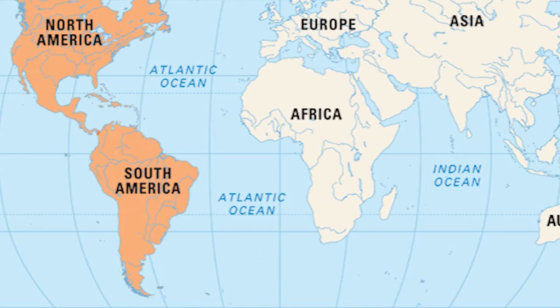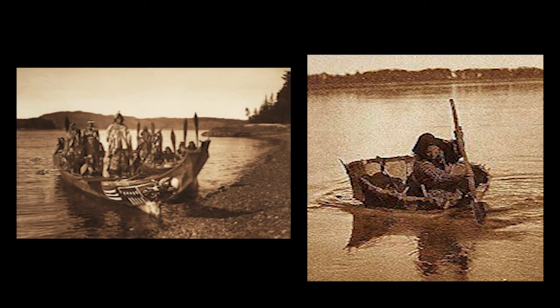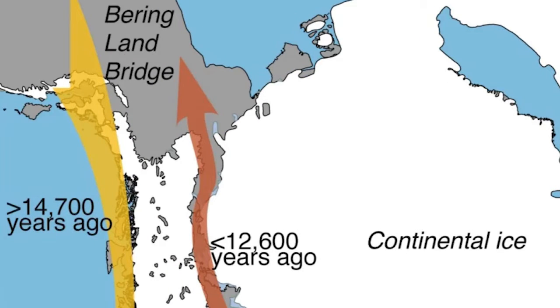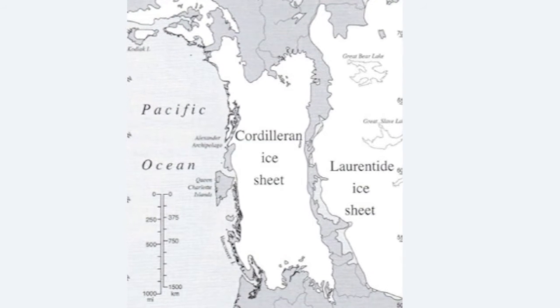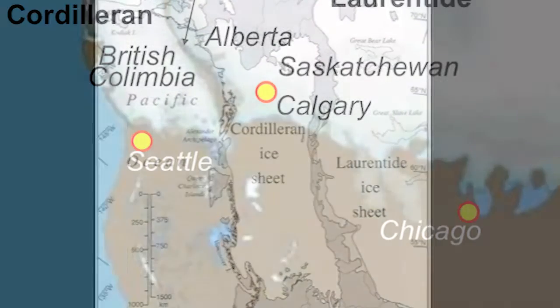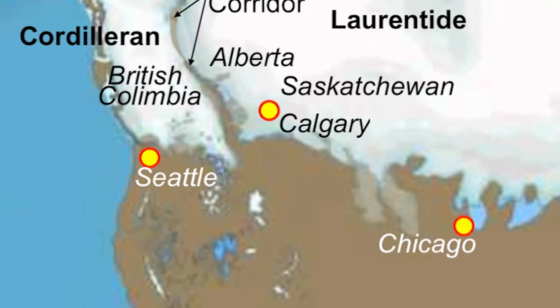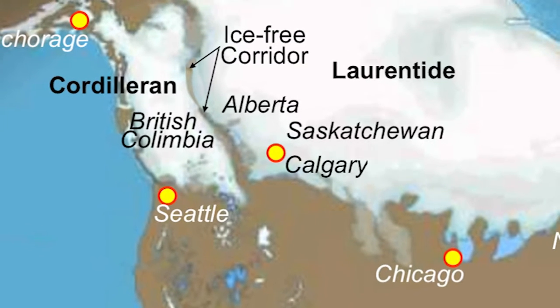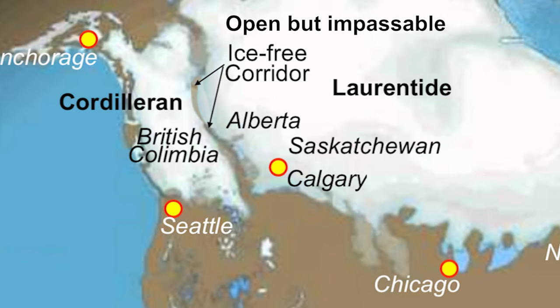Researchers believe that migrants built boats and floated along the Pacific coast, entering North America south of the glaciers. By 15,000 years ago, the Cordilleran ice sheet had melted to the point that some coastal areas of California were habitable. Remember, this was during a warming period around the same time the ice-free corridor was open but impassable.